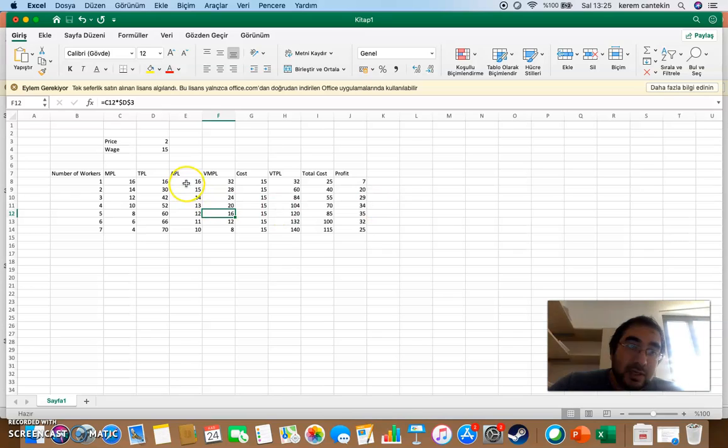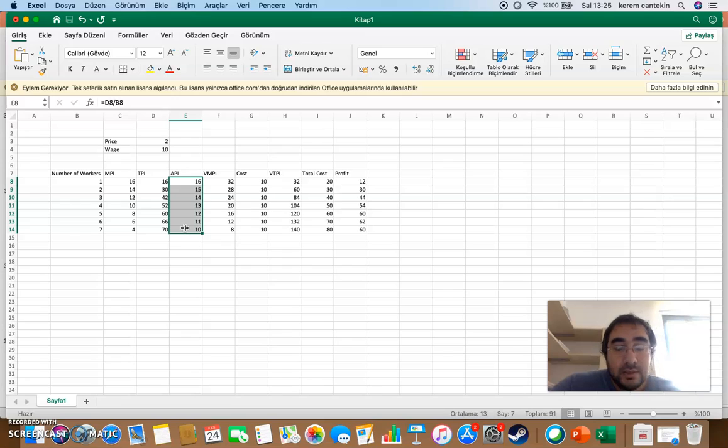Well, the Marxian definition basically looks at the average product of labor, and whenever the average product of labor is, for example, keep this 10, whenever the average product of labor is above the wage level or equal to the wage level, well, our company is exploiting workers.